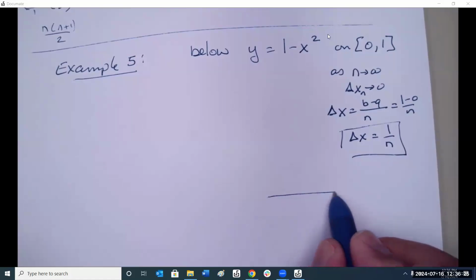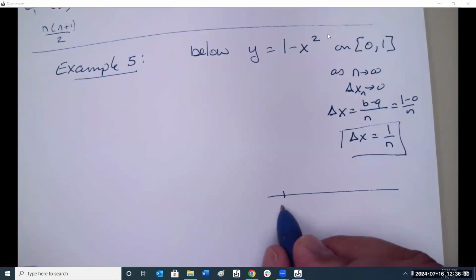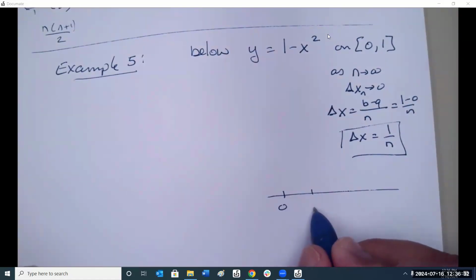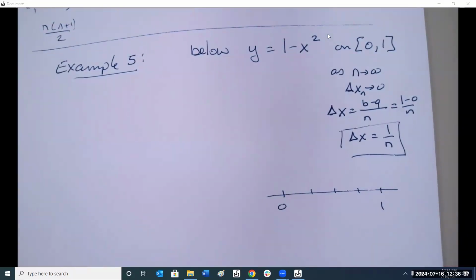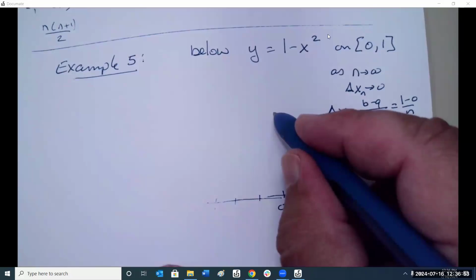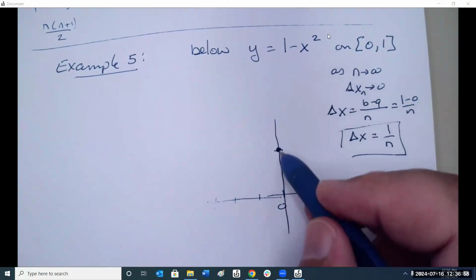So if we look at what this graph looks like, when x is 0, y is 1.